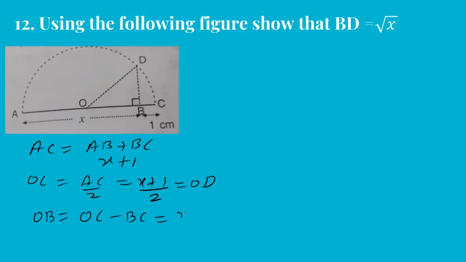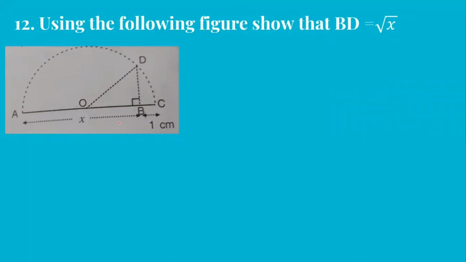So OC is x plus 1 upon 2 and BC is 1. Which when we simplify, if I take LCM, which is going to be 2 upon 2, we get x plus 1 minus 2, which is x minus 1 upon 2. So now we found OB.